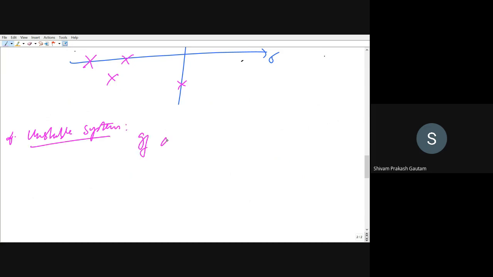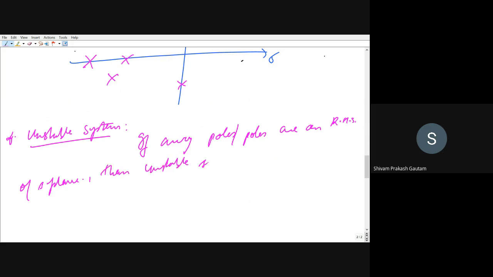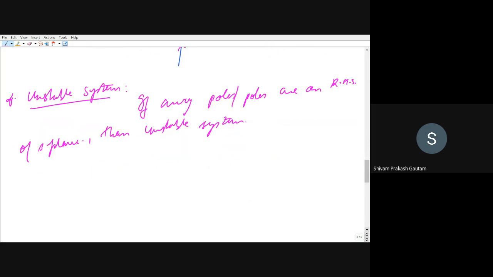If any pole or poles are on the right hand side of the S-plane, then it is an unstable system. For example, let us draw the location of poles again.